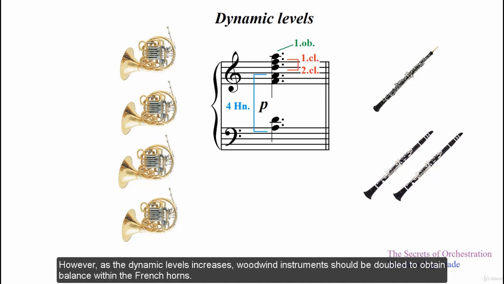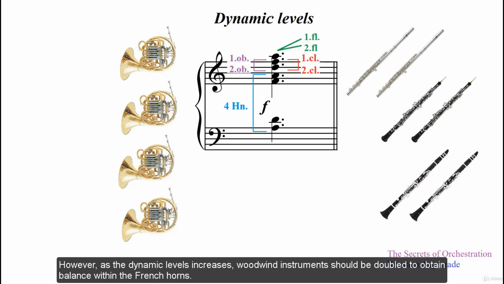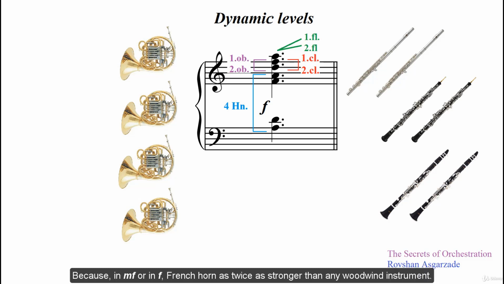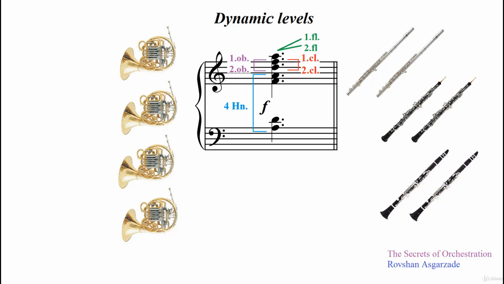However, as the dynamic level increases, woodwind instruments should be doubled to obtain balance with the French horns. Because in mezzo forte or in forte, the French horn is twice as strong as any woodwind instrument. In this case, for getting equal balance with horns, you should give each voice to 2 woodwind instruments.